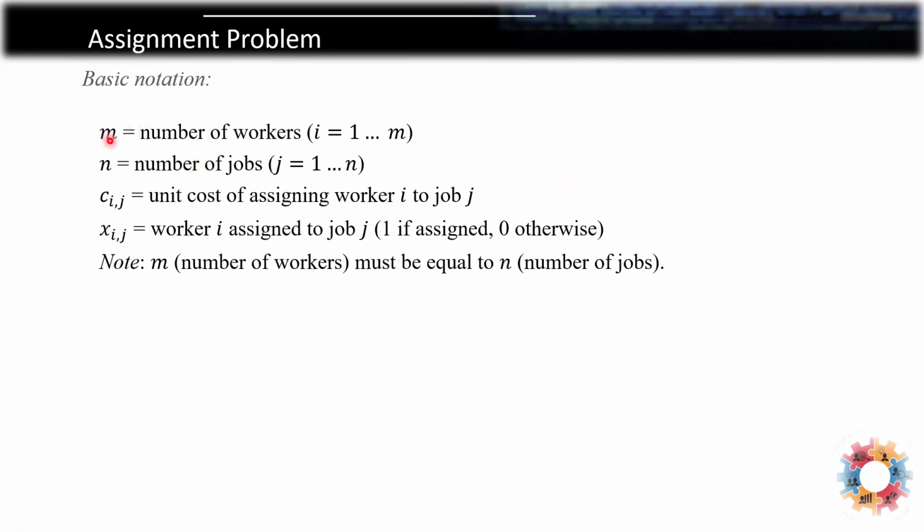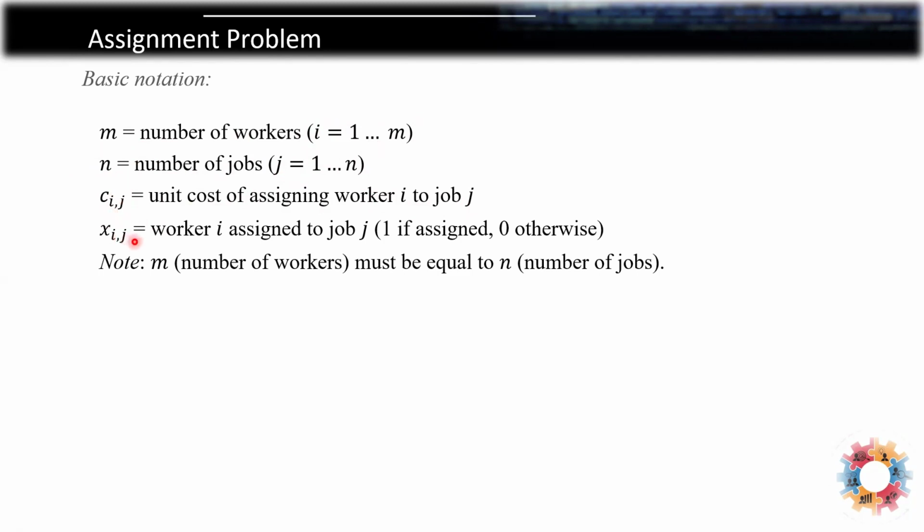So we use the variable M to refer to the number of workers, and when used as a subscript, for cost or for decision variables, I here varies from 1 to M, and N refers to the number of jobs, and J varies from 1 to N. So the cost is represented by C sub ij, the cost incurred in assigning worker I to job J. So we call that C sub ij.